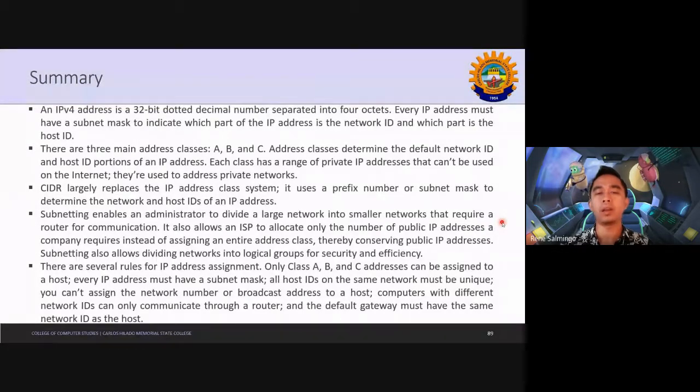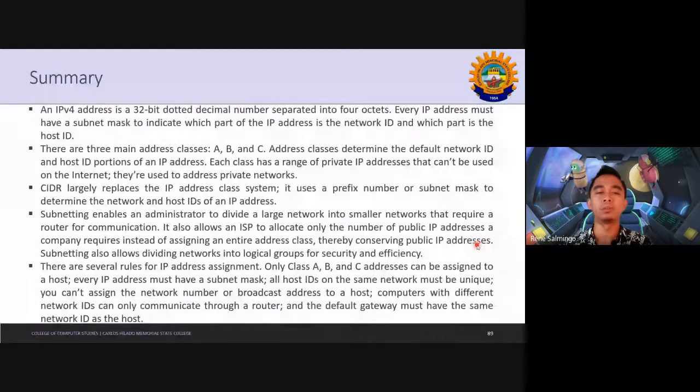It also allows an ISP to allocate only the number of public IP addresses a company requires, instead of assigning the entire address class, thereby conserving public IP addresses. Subnetting also allows dividing networks into logical groups for security and efficiency.